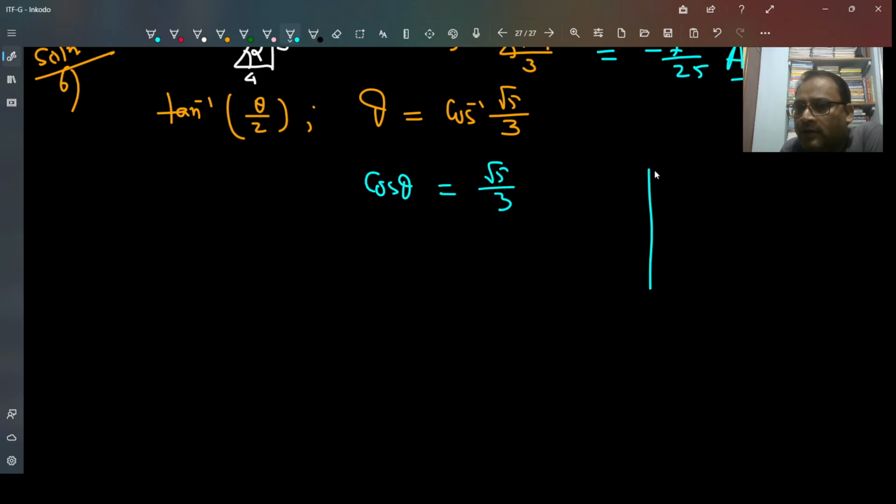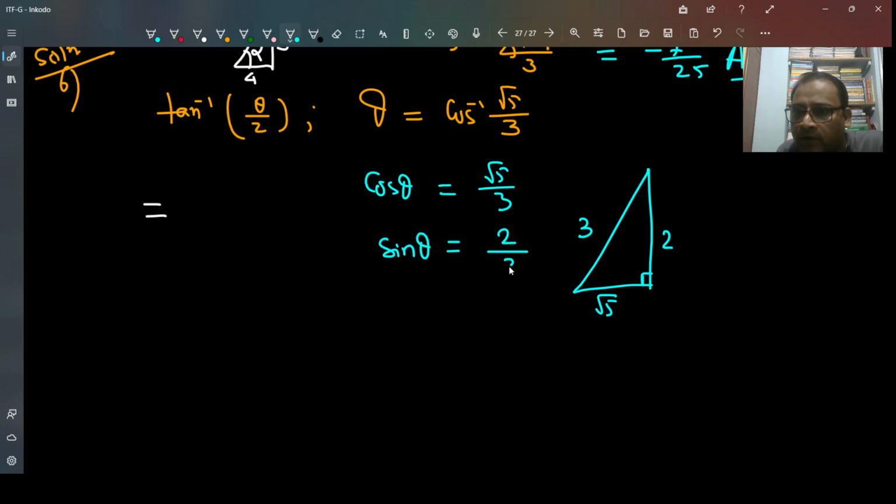So we should draw one right angle triangle. The base is root 5. Hypotenuse is 3. 3 square is 9, 9 minus 5 is 4, and the square root of 4 is 2. And we know that if cos theta is known, the sine theta value should be 2 by 3.